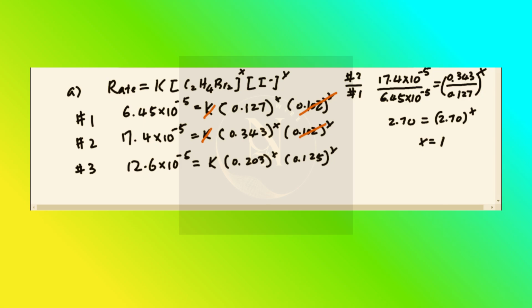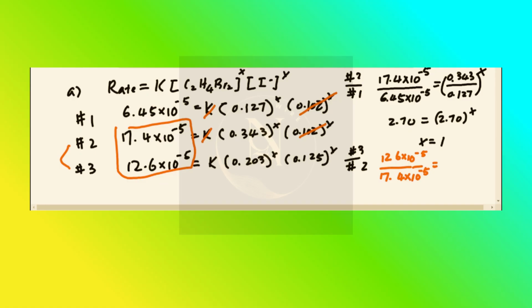Okay. So we can do the same thing for equation 3 divided by equation 2. So on the left side, we write 12.6 divided by 17.4 times 10 to the power of -5.